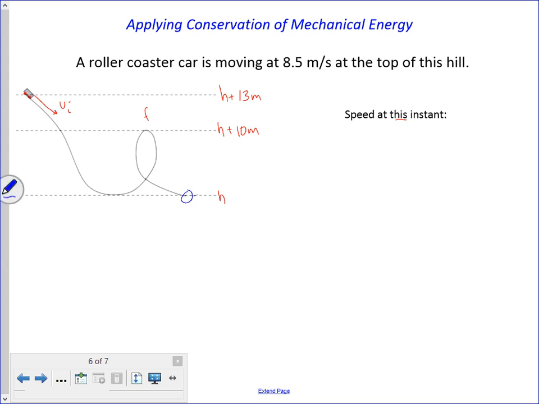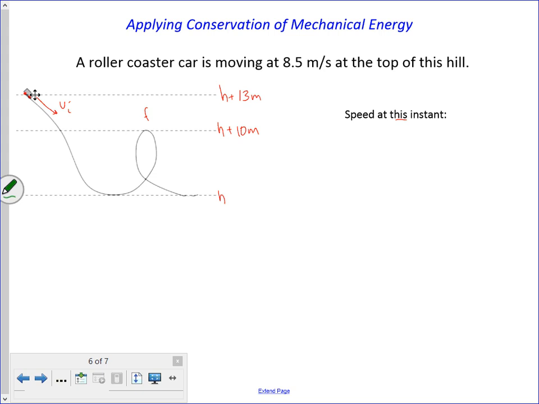So maybe they give you this as 0 and 10 and 13. Or you could call this height, if we're talking above sea level, 20 meters, and this is 30 meters, and this is 33 meters. What matters is heights relative to each other, or differences in height.